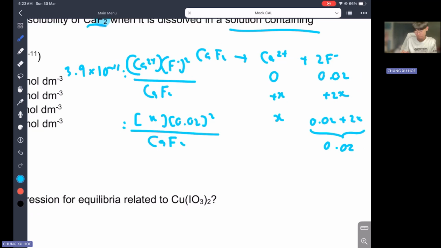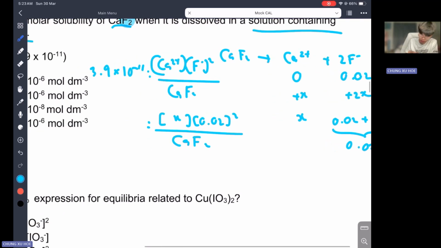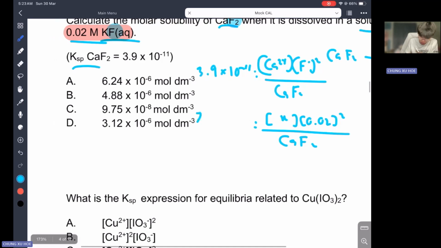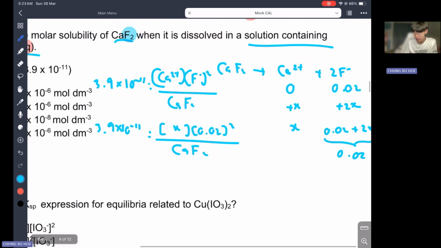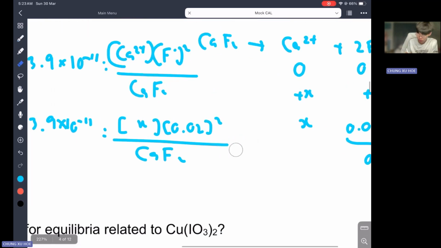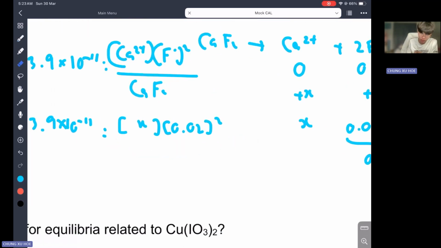CaF2. Again, given 3.9 times 10 to the power of negative 11. Okay, wait. Got two unknowns again. How to solve? That means you throw this one away. Can you solve now? Yes. 0.02 squared, and then 3.9 times 10 to the power of negative 11 divided by your answer.